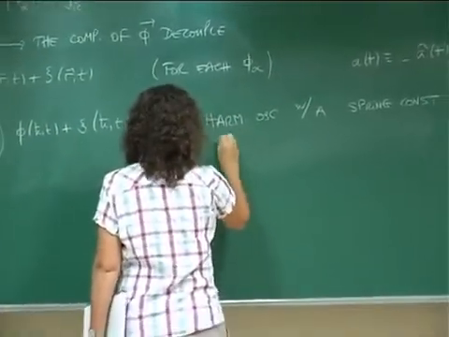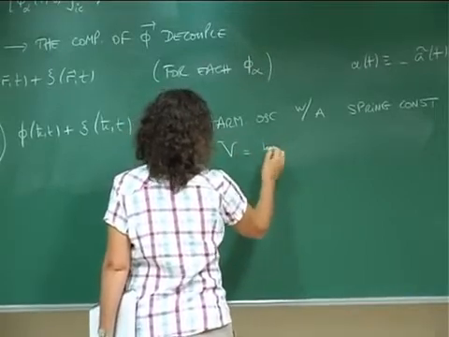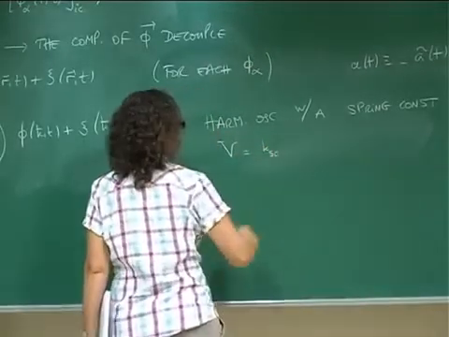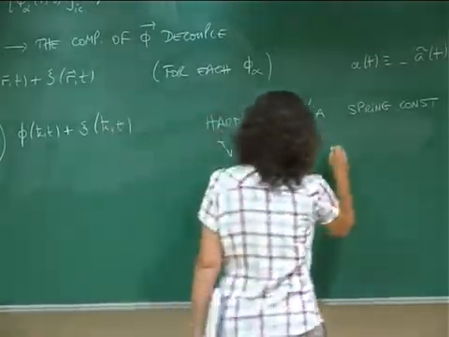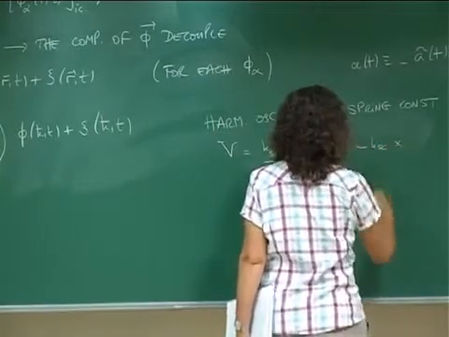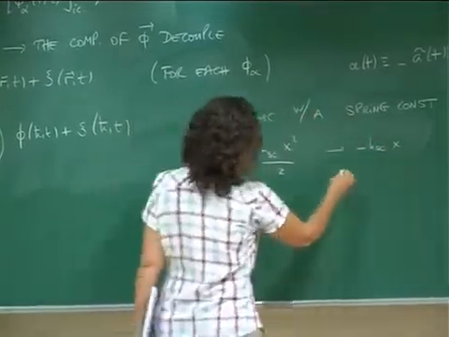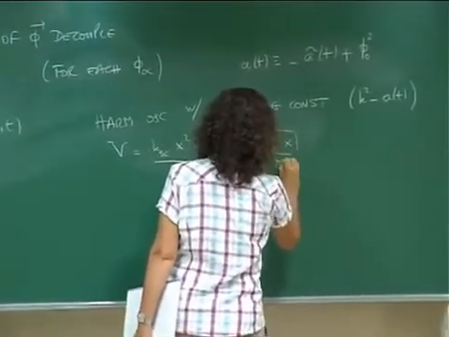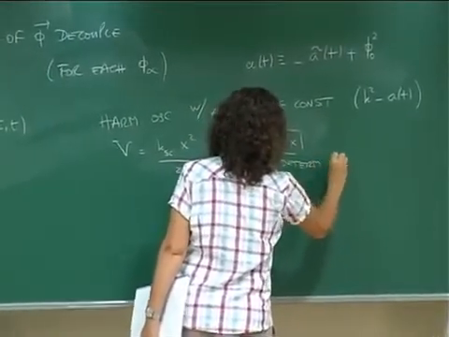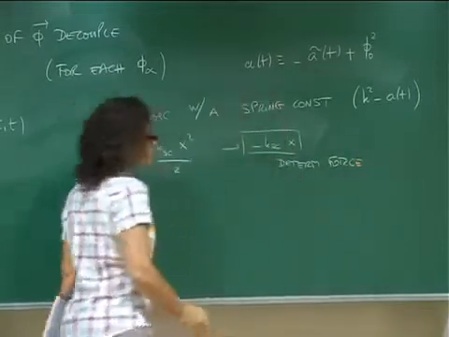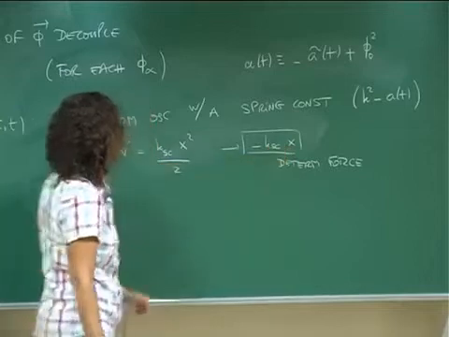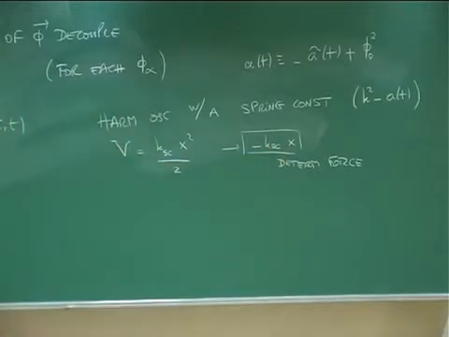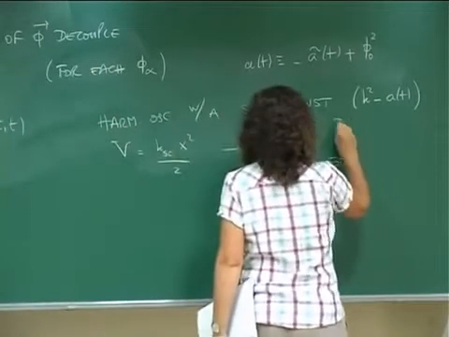The potential of the harmonic oscillator is k, the spring constant, x squared over 2. So the force is obviously minus k x. So in the Langevin equation, this is the part that will enter the deterministic force. So it's something linear in the variable, x, in the case of the harmonic oscillator, with a prefactor, which is this spring constant. Here I have the same thing, but my spring constant depends on time.